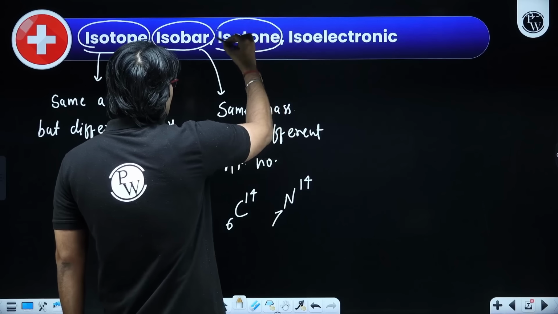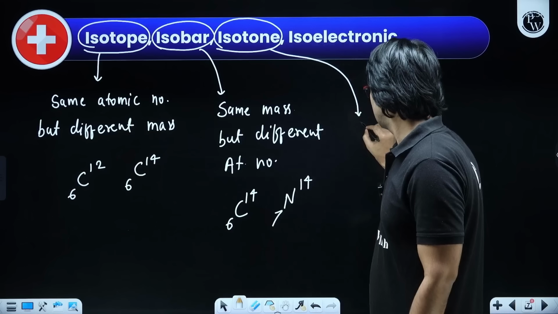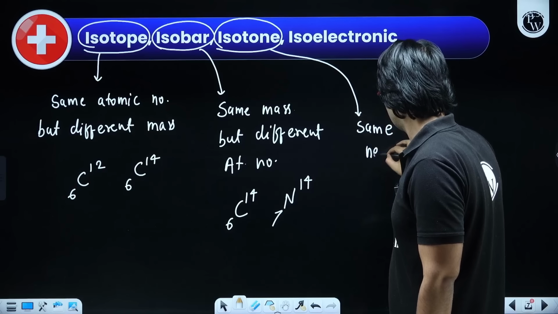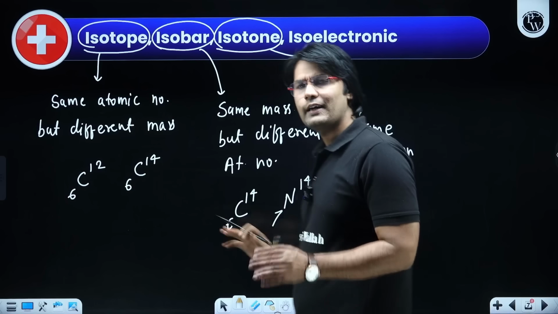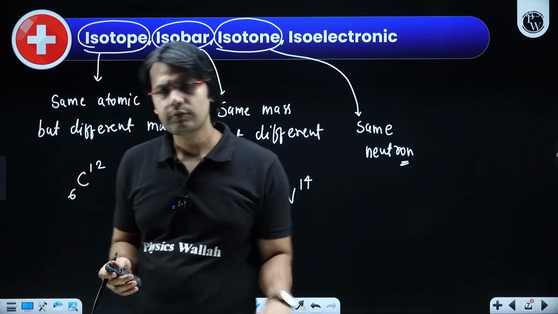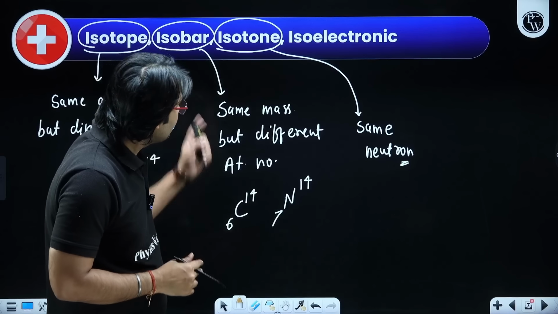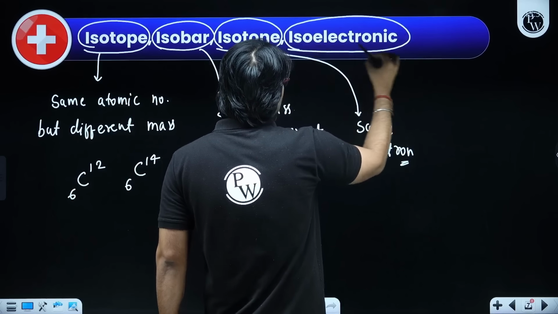Similarly, if you talk about isotone, so isotones are those atoms which have same number of neutrons, right? So isotone is a very simple term. If two atoms are there and they have same number of neutrons in the nucleus, they will be called as what? Isotone. And similarly, if you talk about isoelectronic, so iso means what?